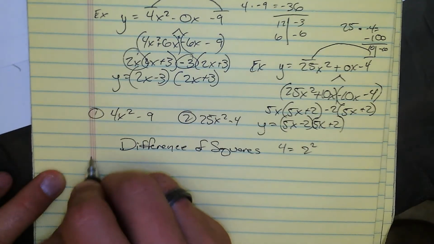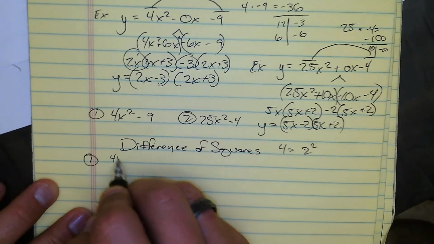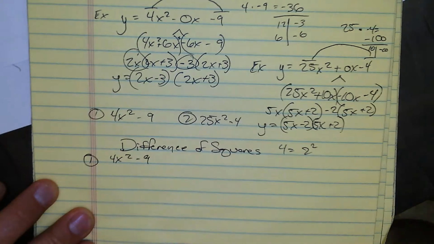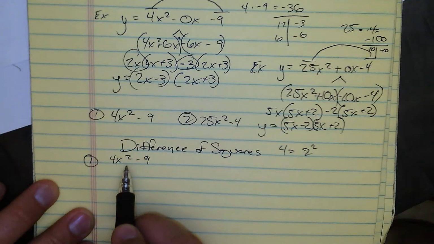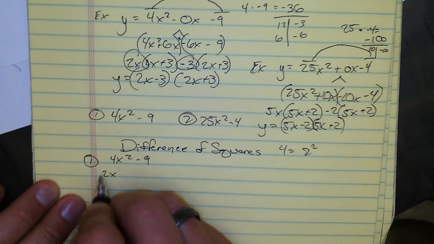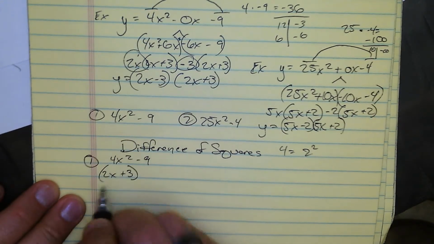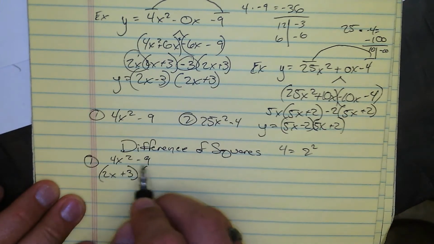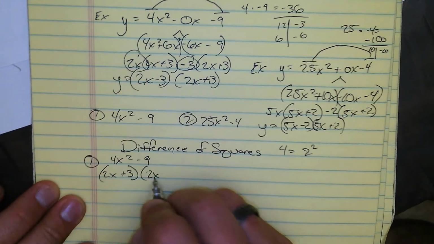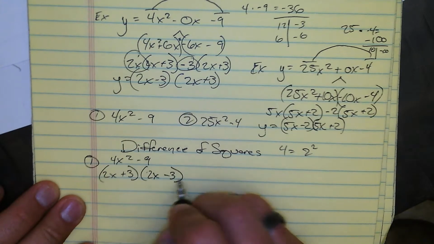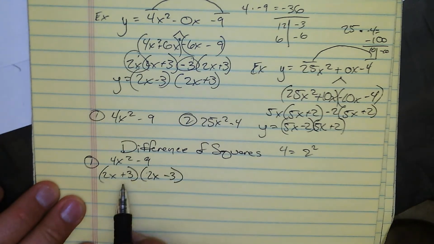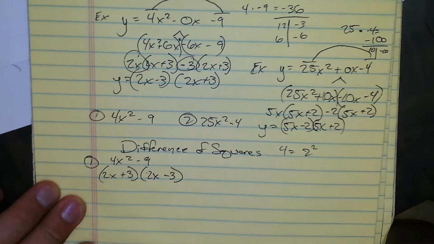So if I was to do number 1 based on a pattern of squares, I know the square root of 4x squared is 2x, and then the square root of 9 is 3. So my first factor would be 2x plus 3, and because I need a negative, I'll use the other factor to write it the exact same way, but with a negative sign.